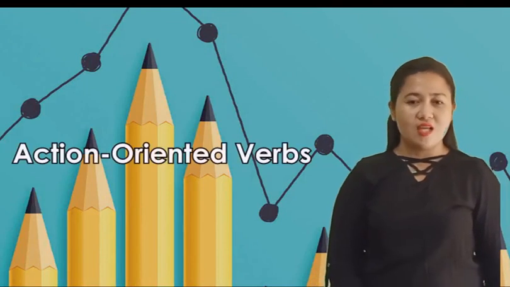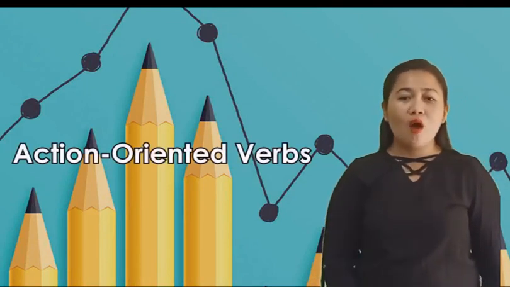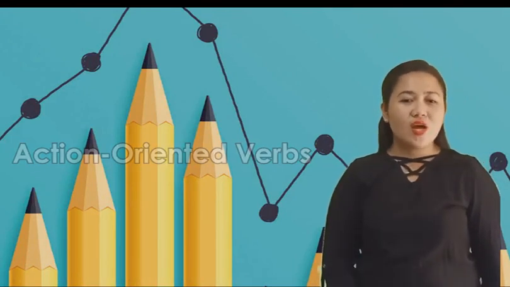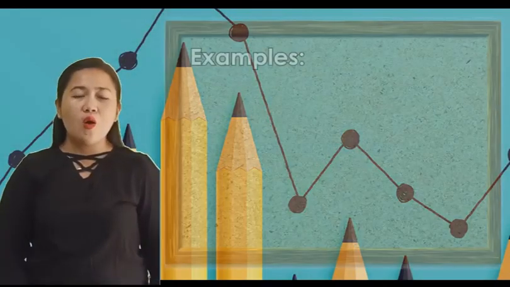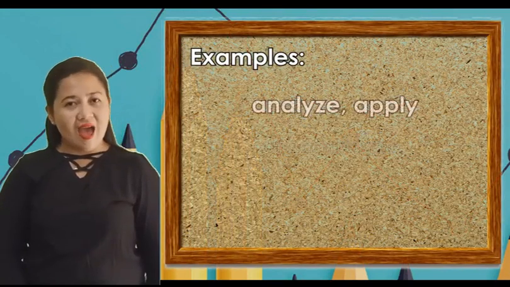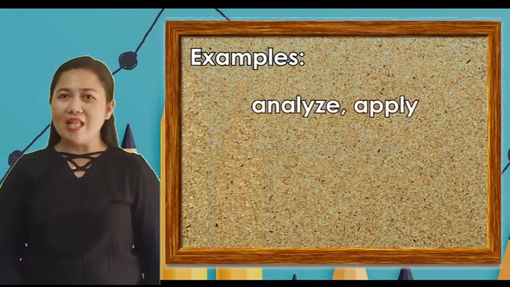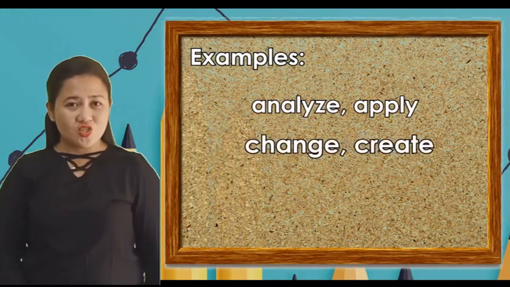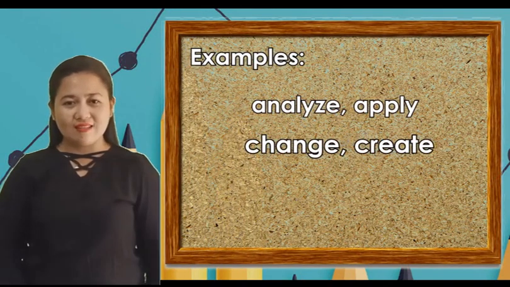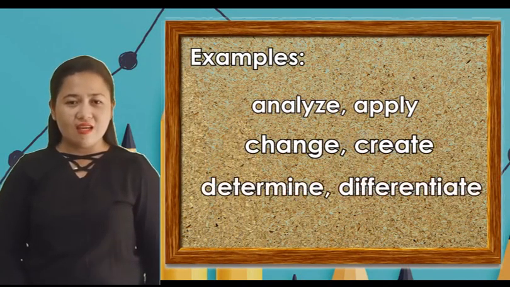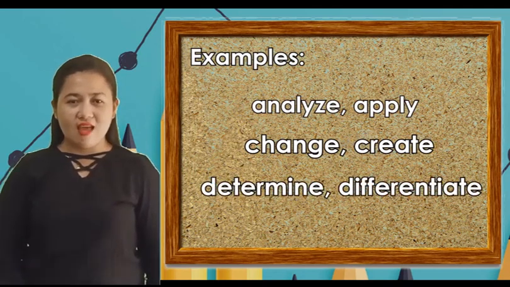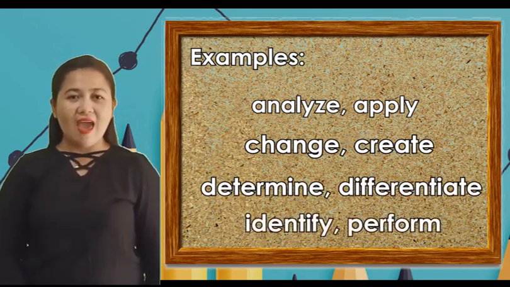When writing objectives, especially for individuals, use action-oriented verbs which describe what needs to be done to achieve the objectives. For example, we use the words analyze, apply, change, create, determine, differentiate, identify, and perform.